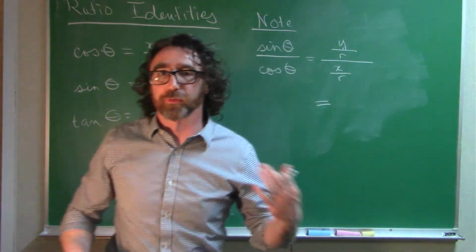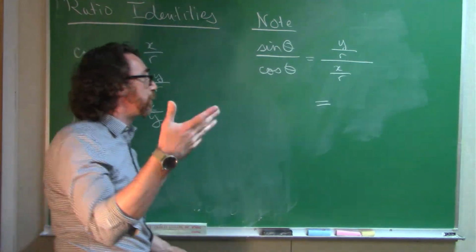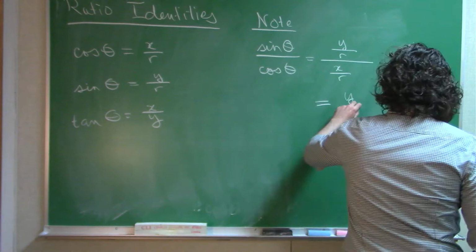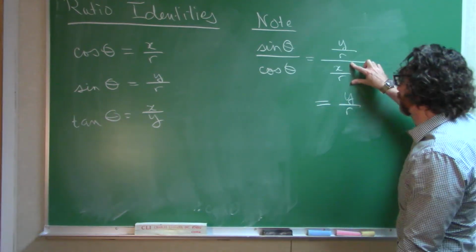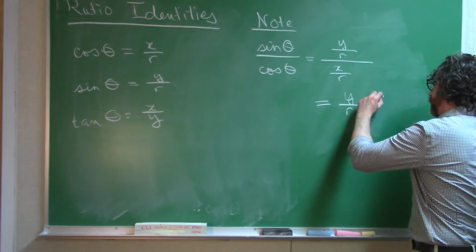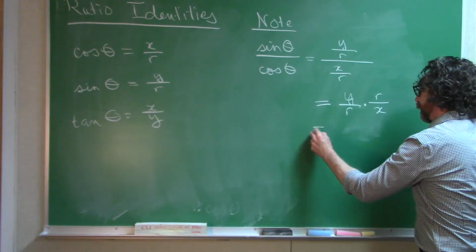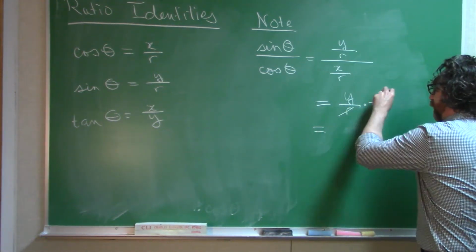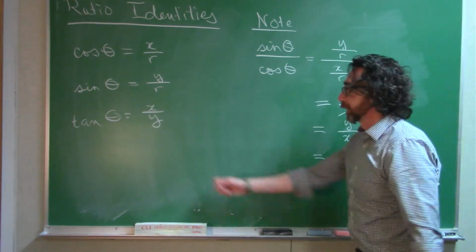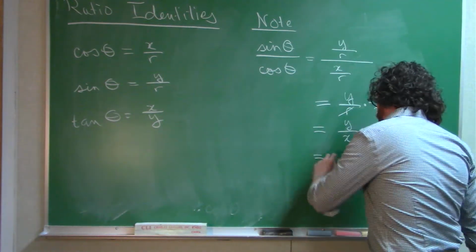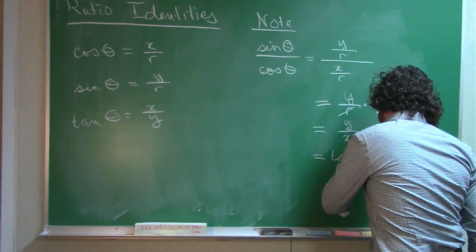You remember from your algebra, how do you divide by a fraction? You multiply by the reciprocal. So y over r divided by x over r is equal to y over r multiplied by the reciprocal. The factors of r cancel each other out. You're left with y over x, and that's equal to tan theta.